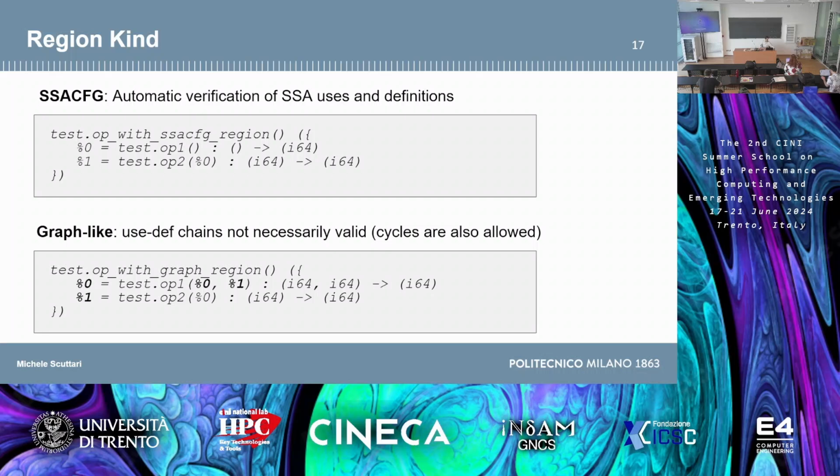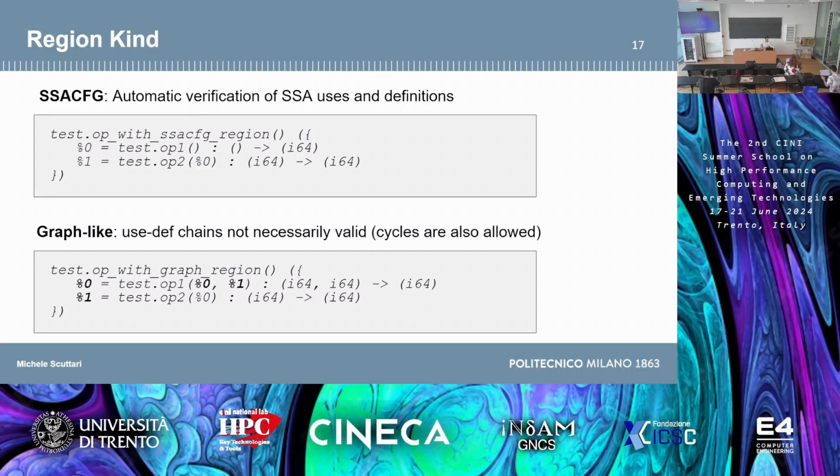Okay, it means that within those regions we are guaranteed that the use of a value follows the definition. So the ordering is the one that you would typically expect in correct code in a typical programming language. This is fine for programming languages. However, there are also declarative languages where uses and definitions may be mixed freely, and these are the graph-like regions.